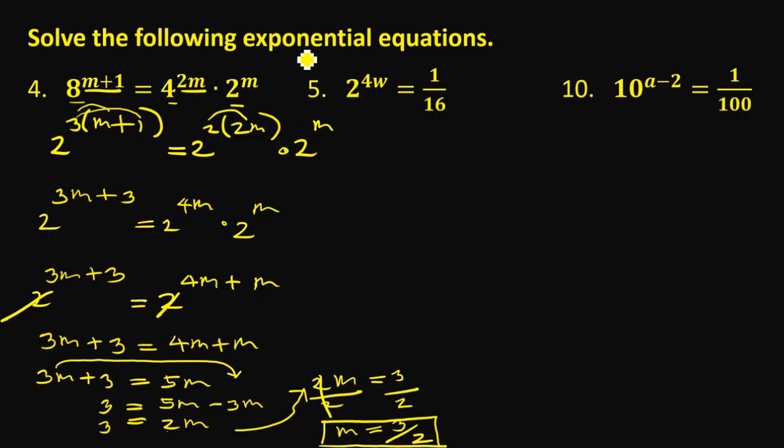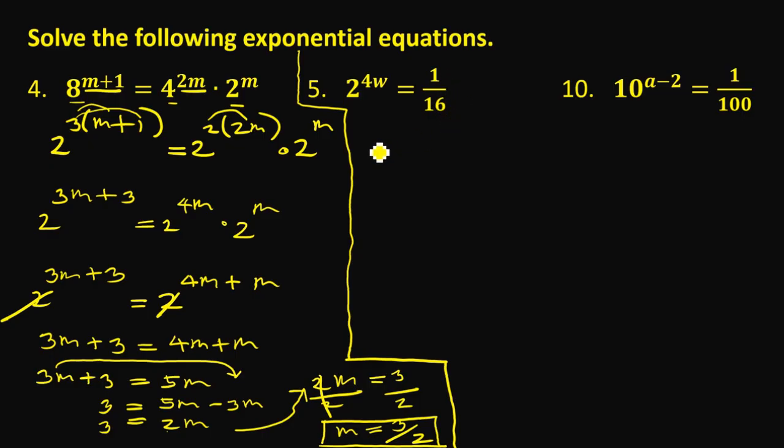Okay, number 5. We have 2 raised to the power of 4w equals 1 over 16. We have a fraction on the right side, so we can use here the negative exponent rule.